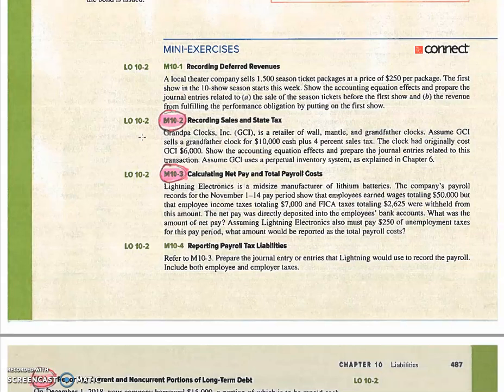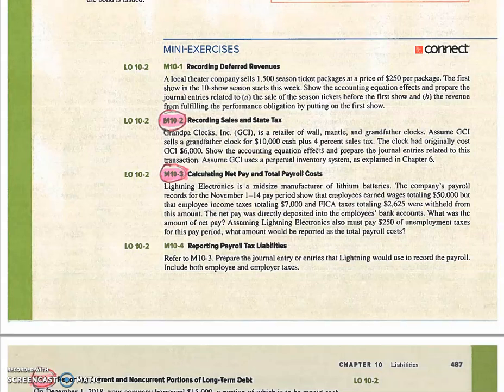Well, you remember, I hope, that with a perpetual inventory system, we're going to have two entries. One to record the sale, the other to record cost of goods sold and reduction of inventory. So they sold a clock for $10,000, so we're going to credit sales revenue for $10,000. They had to add on to that 4% sales tax.